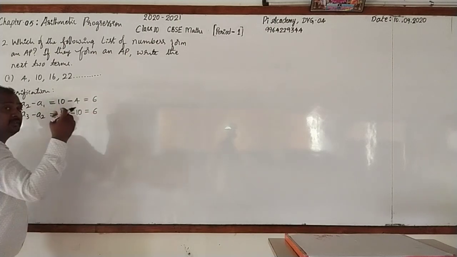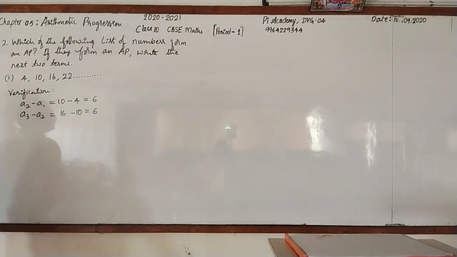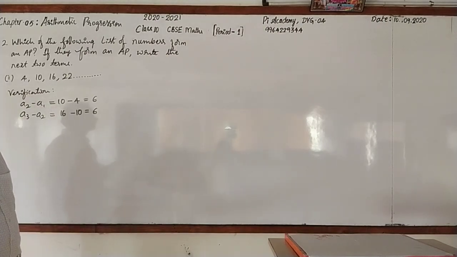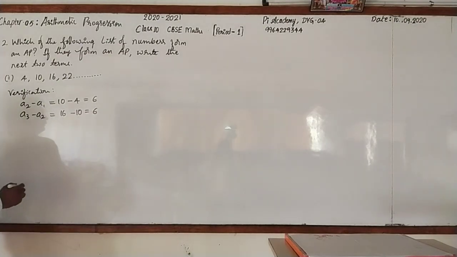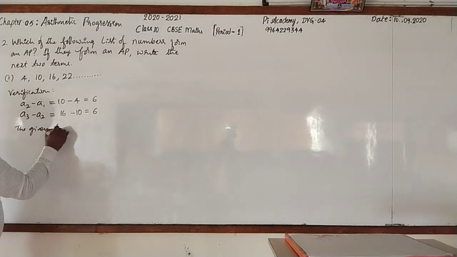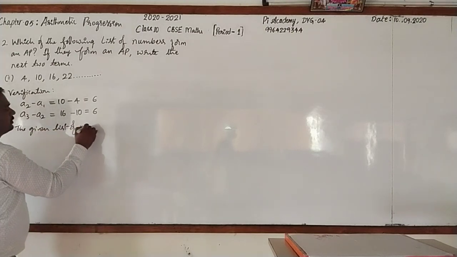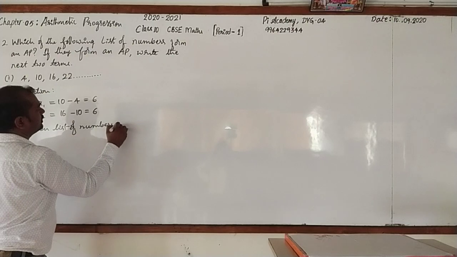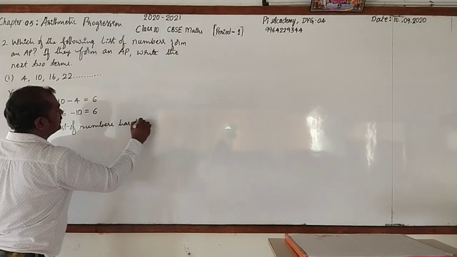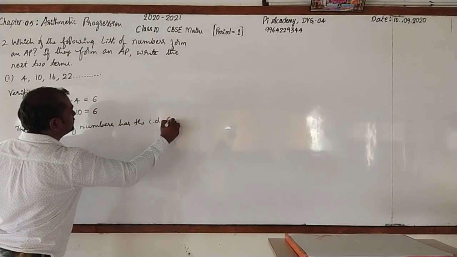Next 2 terms, that is also 6. The given list of numbers has common difference, 6. Therefore, it forms an AP. Here I'll write, the given list of numbers has the common difference 6.